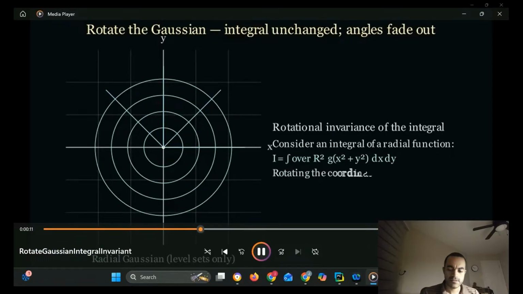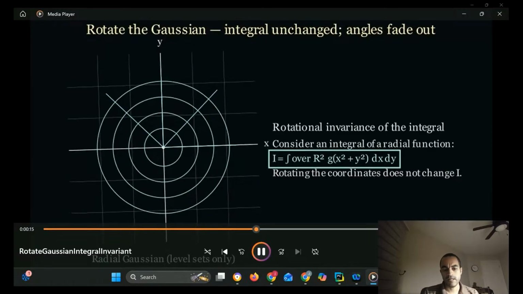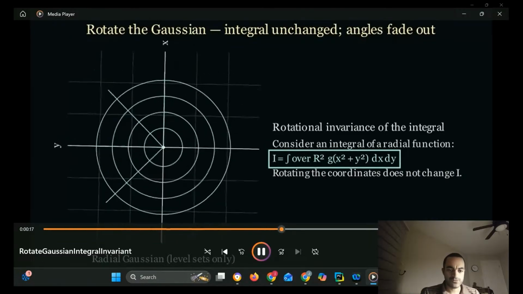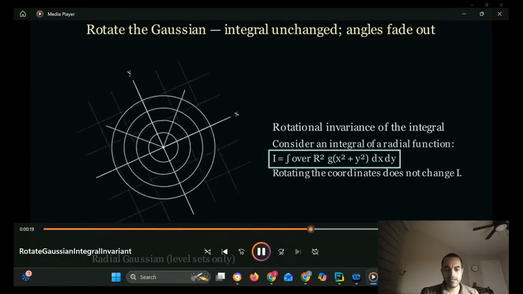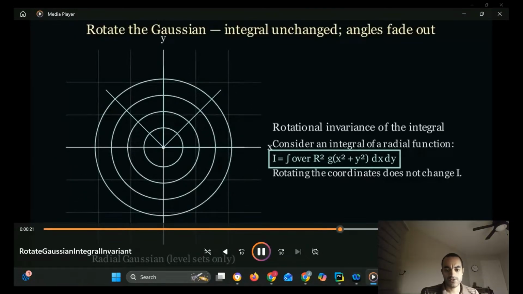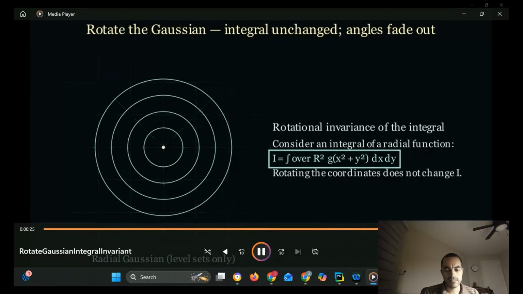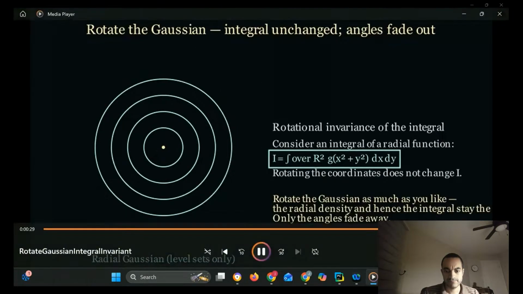That's because it doesn't matter at what angle I rotate, the angles don't matter here. The integral that I've highlighted there in a rectangular bracket is going to remain strictly constant.